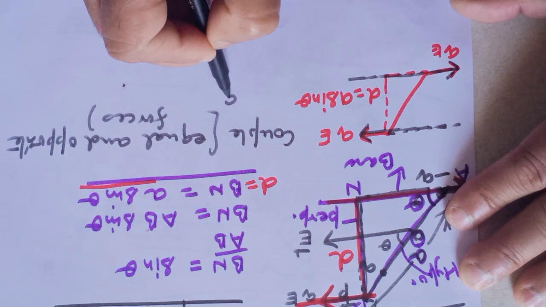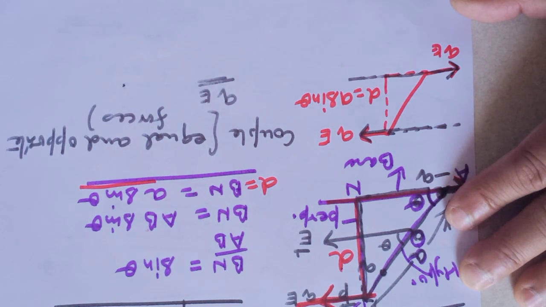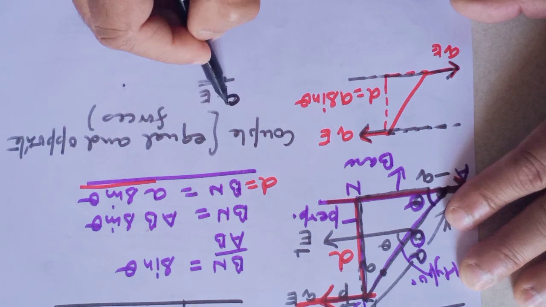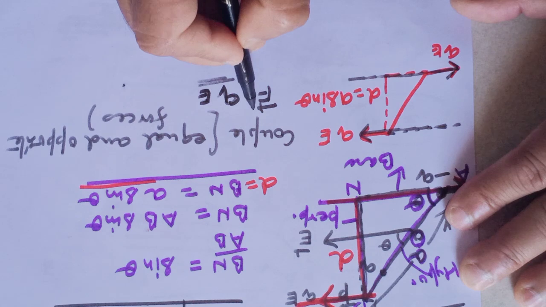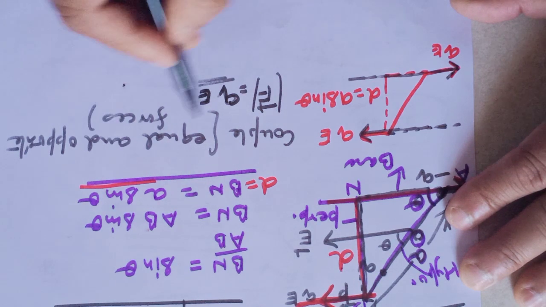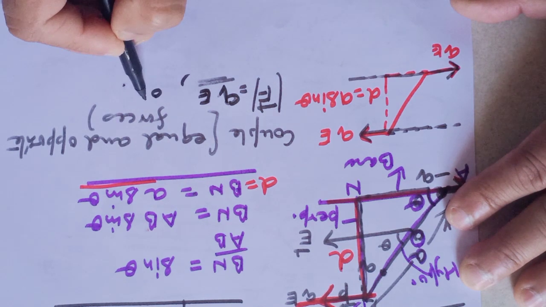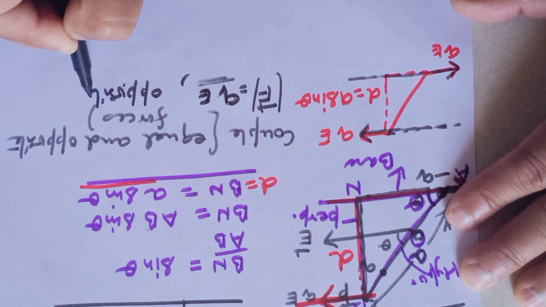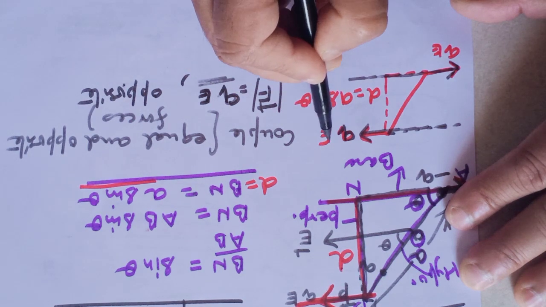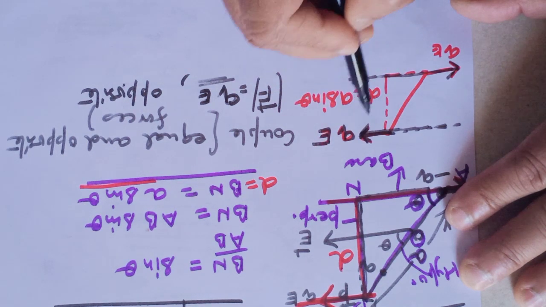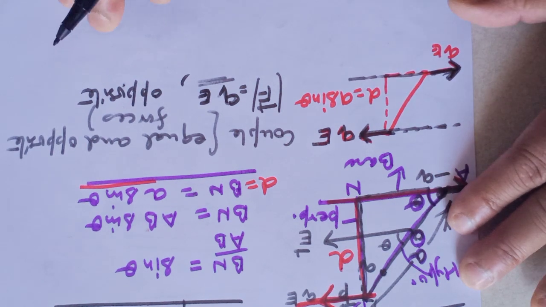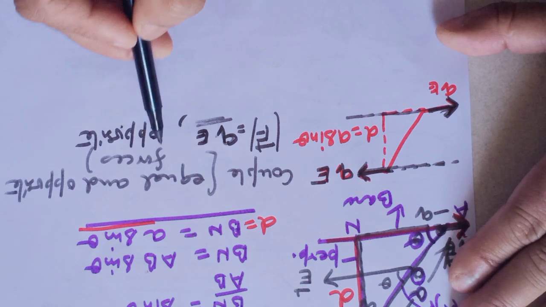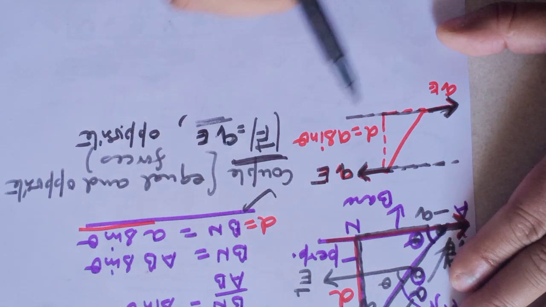Here the forces are equal, qE, the magnitude is equal, and they are opposite also. One is acting left to right, another is acting right to left. So this is a couple of forces.